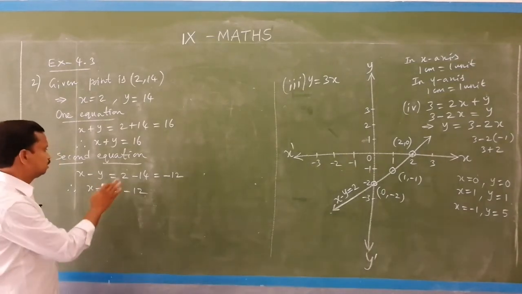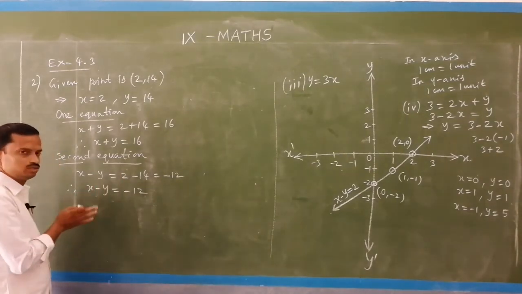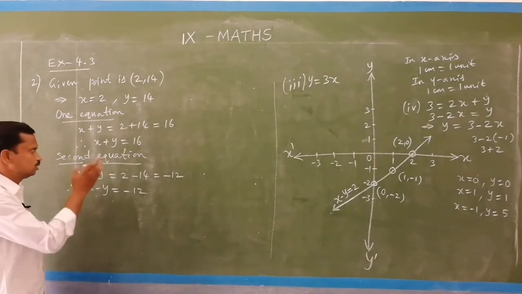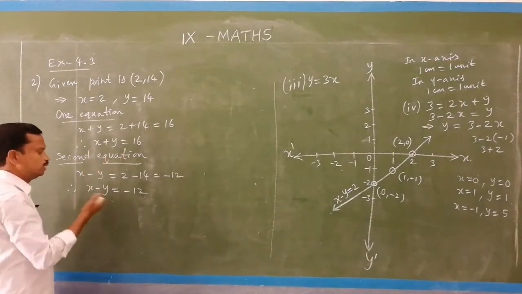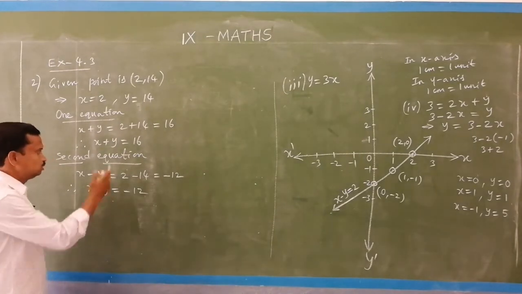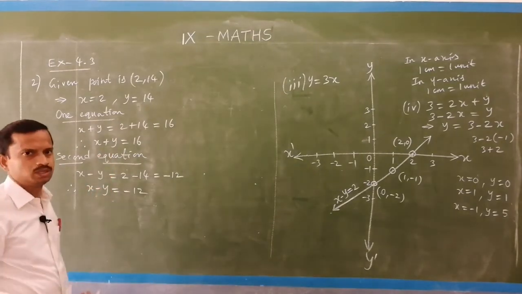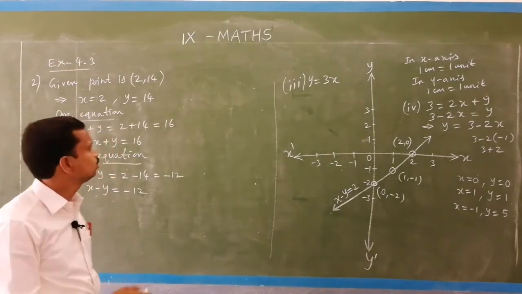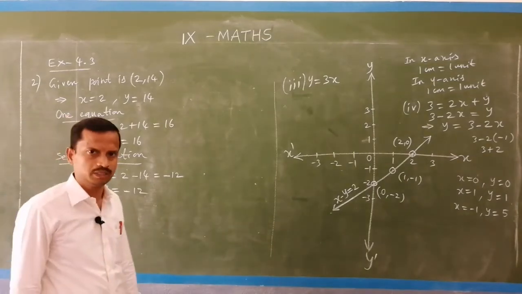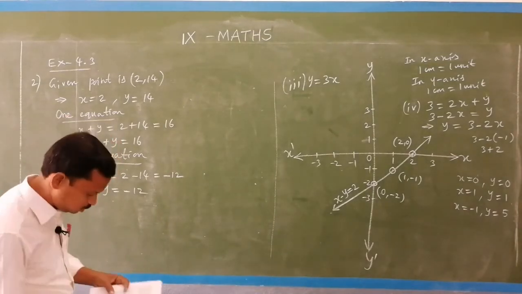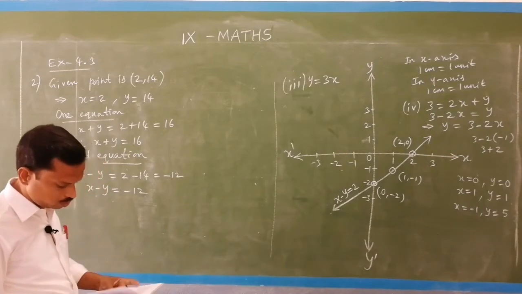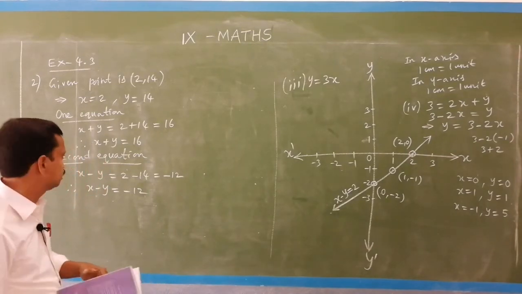Like that, this point definitely will satisfy these two equations, because we have found x plus y and x minus y. Okay. So, these are the two lines which pass through this point 2 comma 14. And another additional question is there: how many more such lines are there?